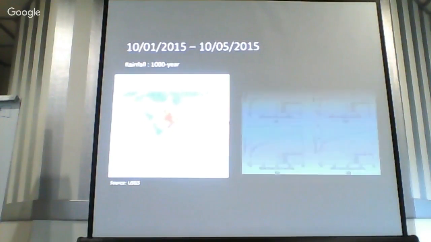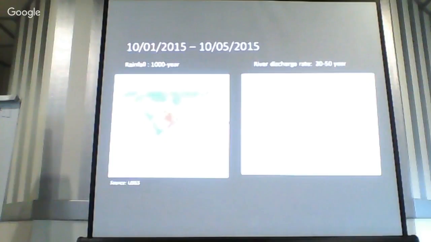Because we couldn't find data about the river discharge return period, we did our own analysis. We calculated the return period of most of the South Carolina river discharge using historical data, and we found the river discharge return period only reached between 20 and 50 year levels.